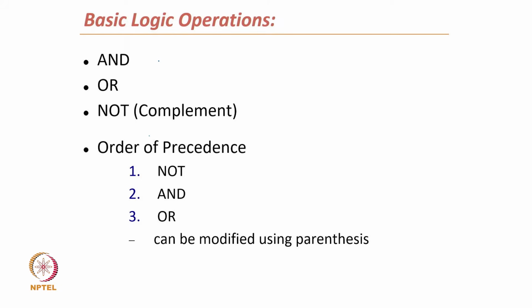For example, AND is like a multiplication, OR is plus, NOT is a negation of a certain logic level, and they follow an order of precedence. For example, NOT, then AND, then OR. This is very similar to a mathematical precedence rule, for example BODMAS, which we follow in mathematics.